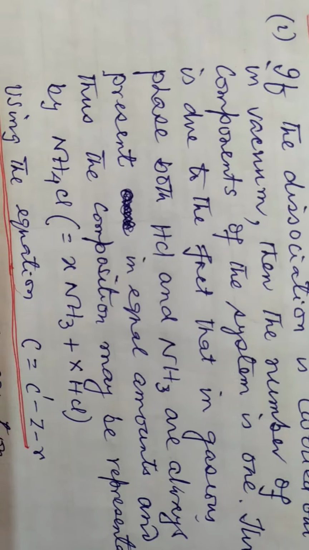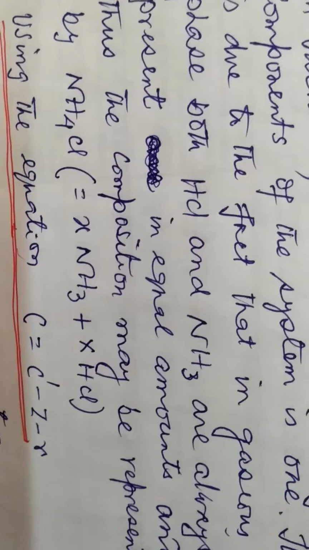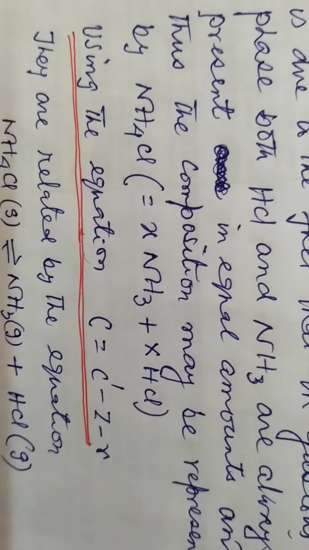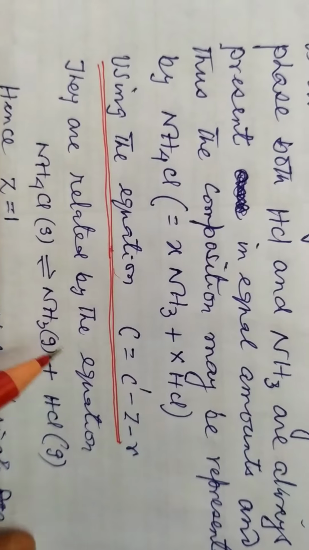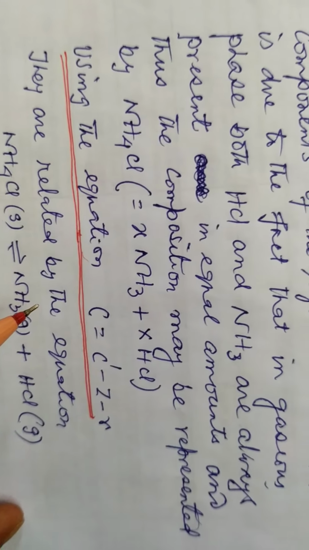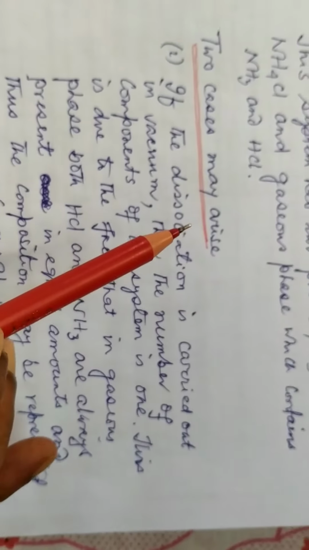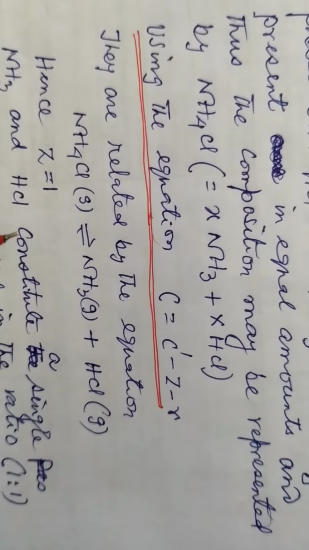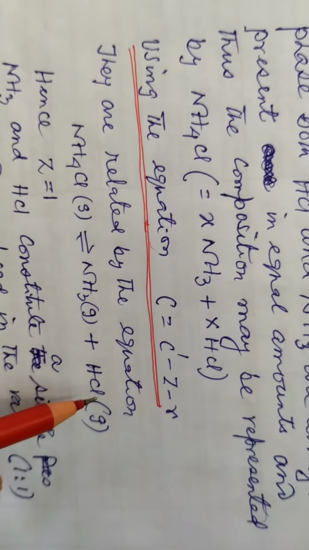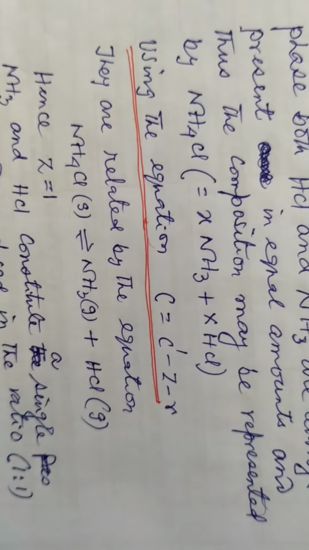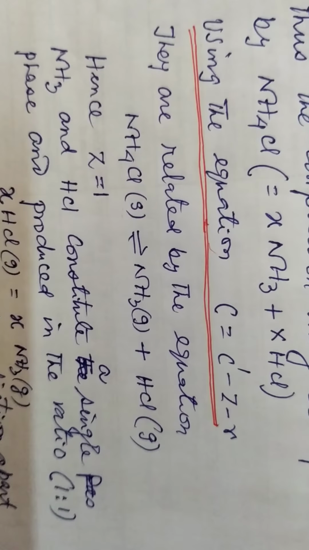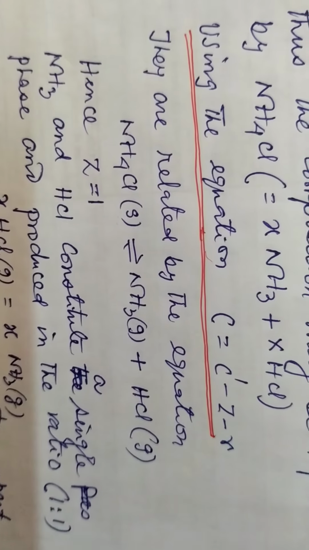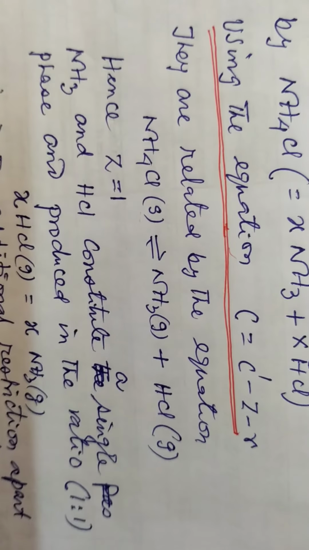Now, if we use the equation to calculate the number of components here, then C equals C dot minus Z minus R. Now, there is an equation. Which equation? The dissociation equation of ammonium chloride. So there is one equation, so Z equals 1. Again, NH3 and HCl constitute a single phase and are produced in the ratio 1:1.